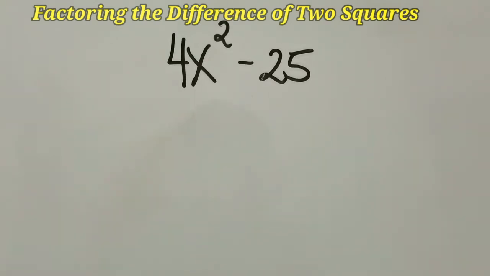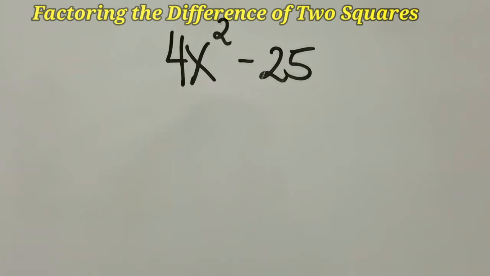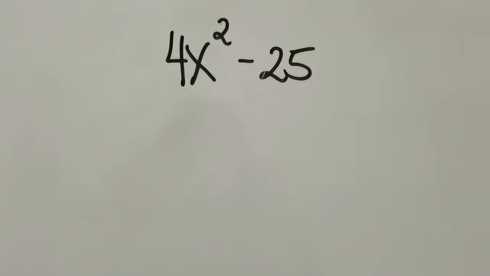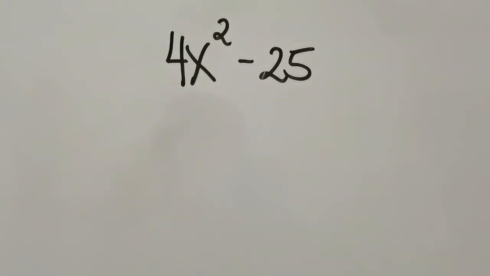Now, let us factor this. We all know that the product of the sum and difference of binomials is a perfect square binomial. So, vice versa or kabaliktaran, ang factors ng perfect square binomial ay sum and difference of binomials.